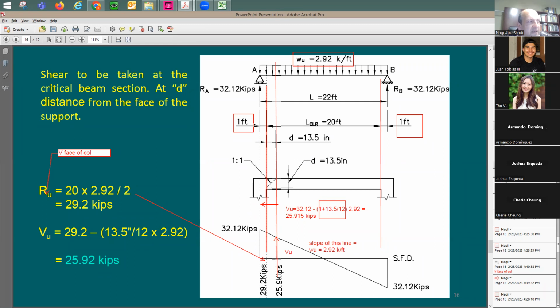So the distance from the center of the column to the critical section for shear is equal to 1 foot plus 13.5 inches. We put it all in feet because the span and the load are also given in feet, so it is easier. It's equal to 1 foot plus 13.5 divided by 12.